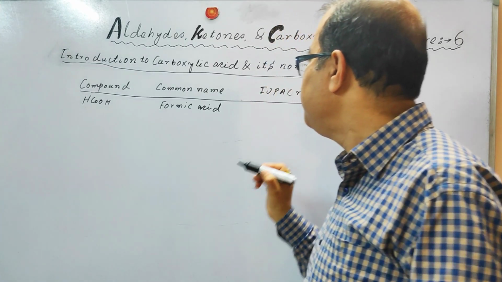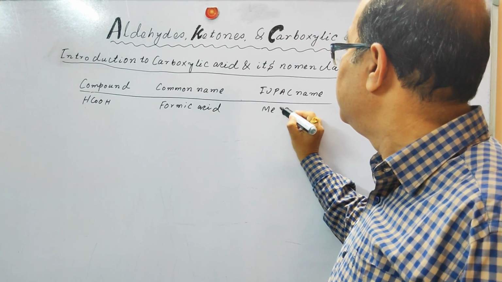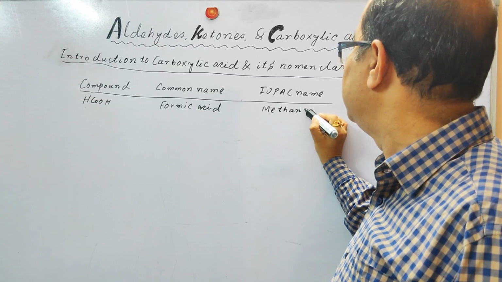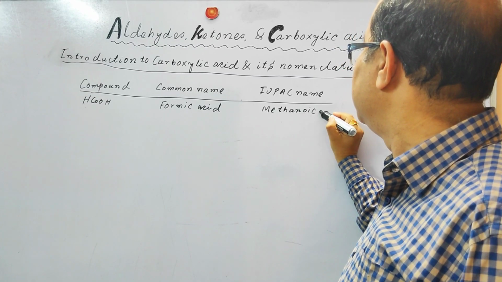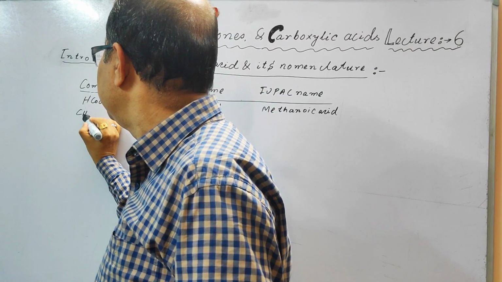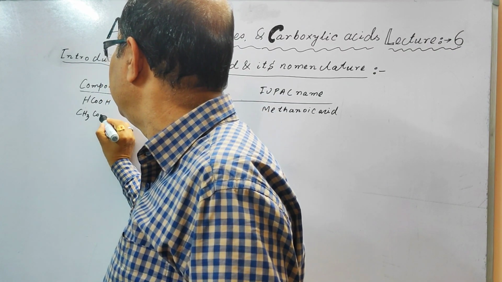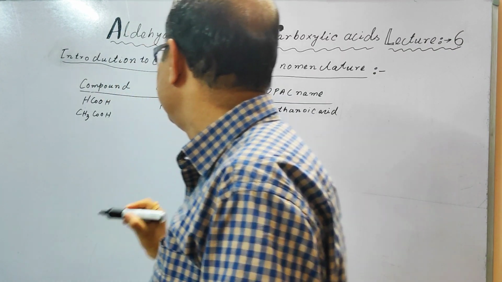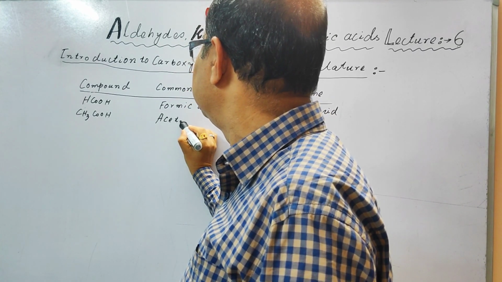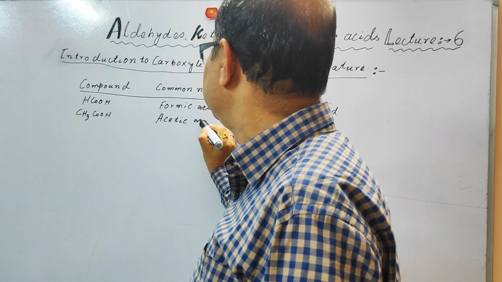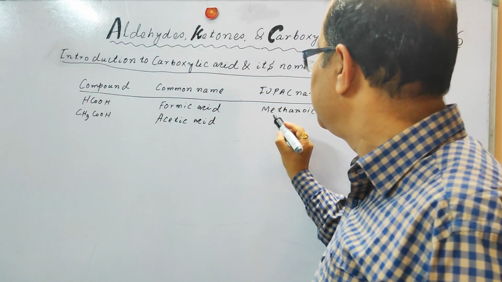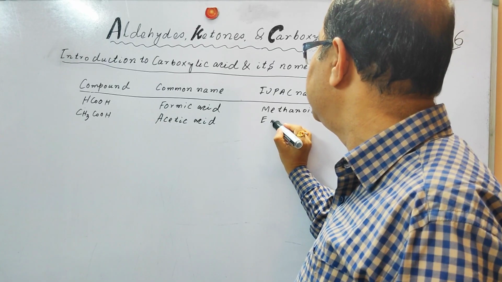Its IUPAC name is methanoic acid. Then CH3COOH is acetic acid, and since there are 2 carbon atoms, it is called ethanoic acid.